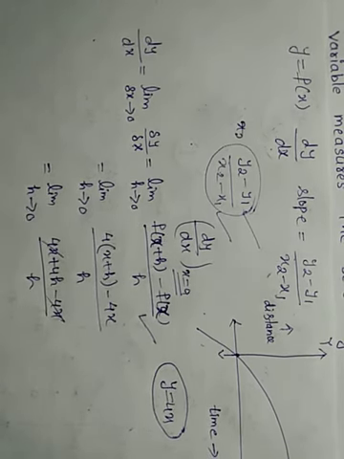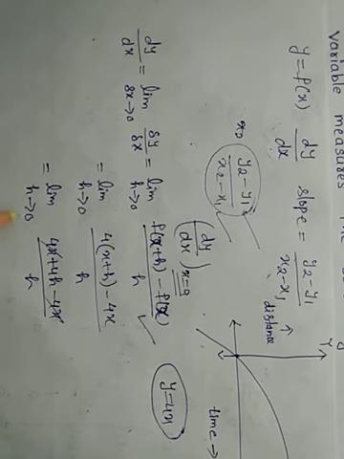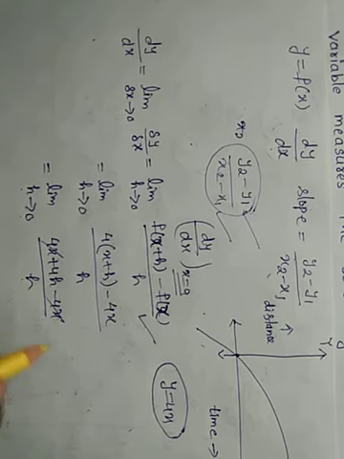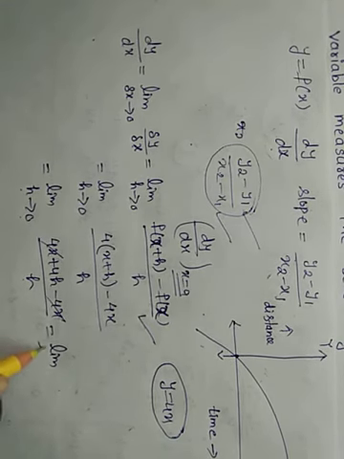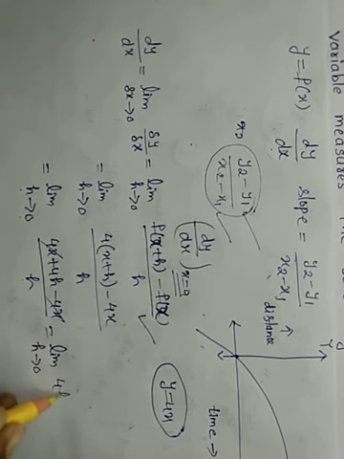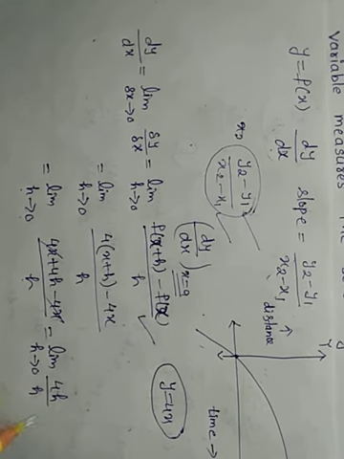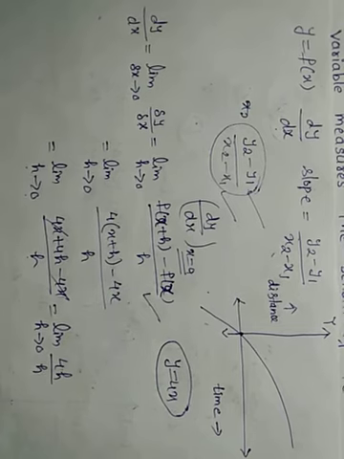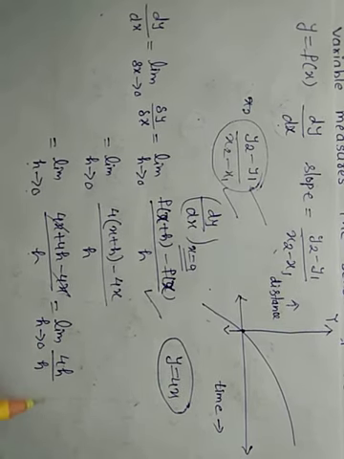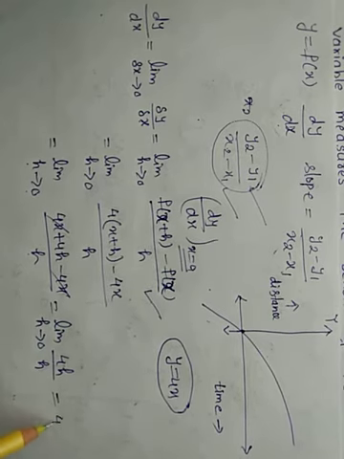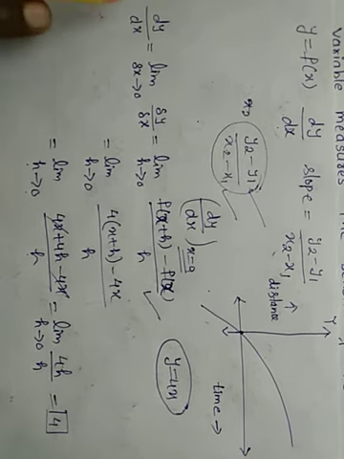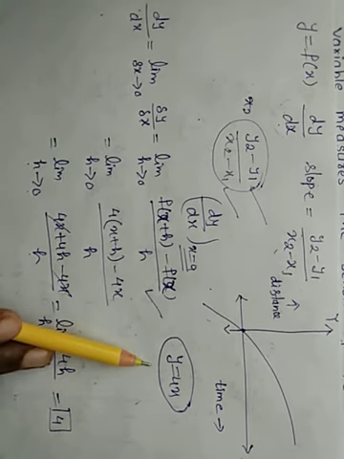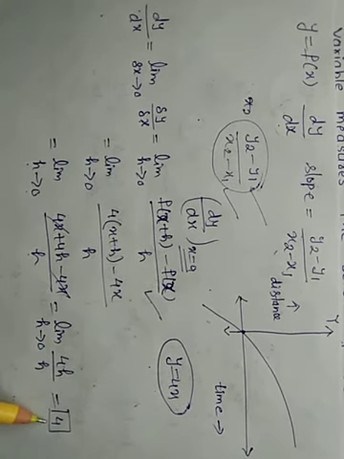This 4x and 4x will get cancelled. Then limit h tends to 0, 4h upon h. Now as h tends to 0, h is not equal to 0, means we can cancel h. Then it will remain limit of 4 only, and the limit of a constant is constant. We got the answer 4. So dy by dx in this case, when y equal to 4x, is 4.